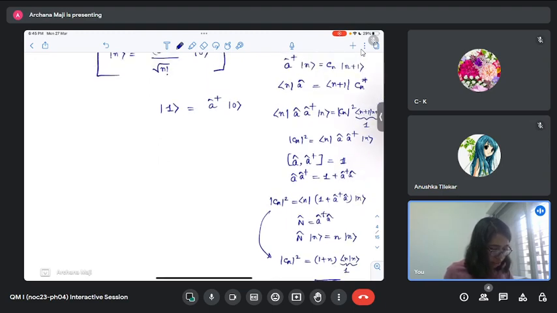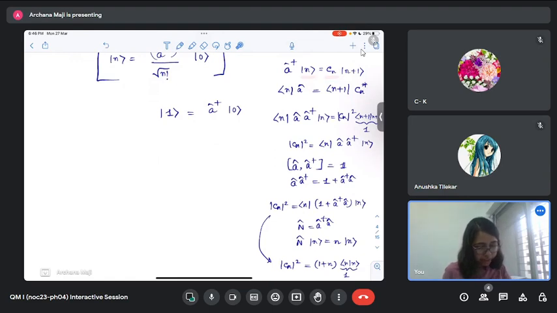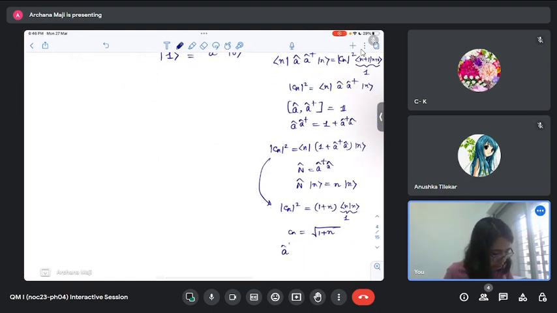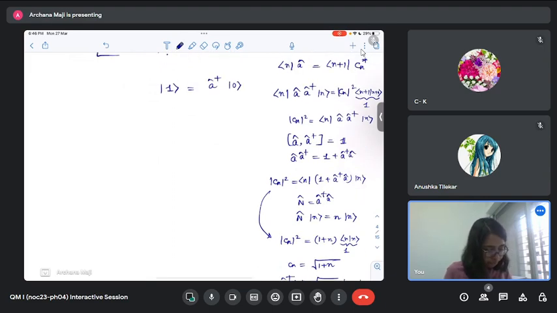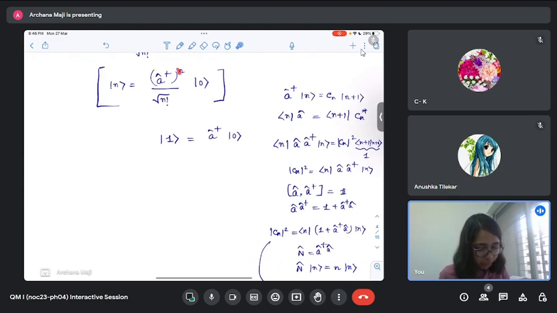Okay, so that's why we say that when a dagger acts on the n particle state, it gives you square root of n plus 1 ket n plus 1. Now because of this square root of n plus 1 coming in, when you act n number of times, you have to divide by square root of n factorial.